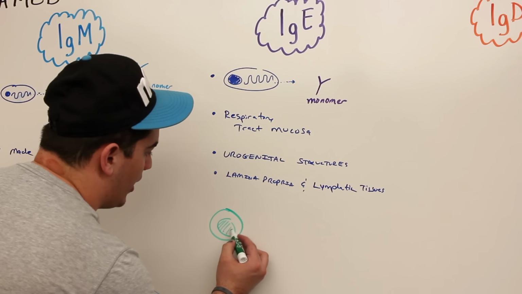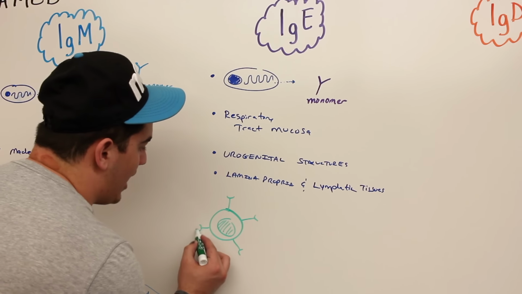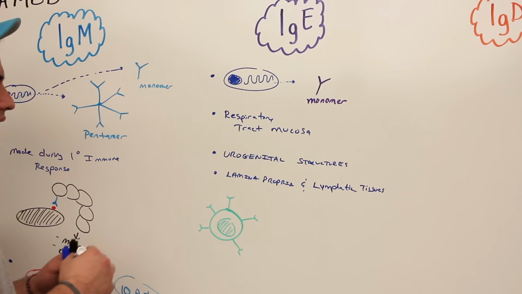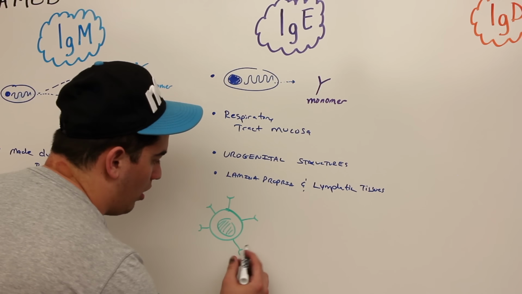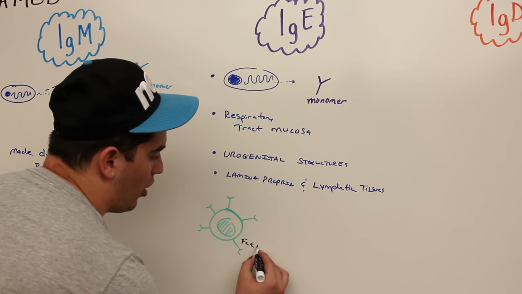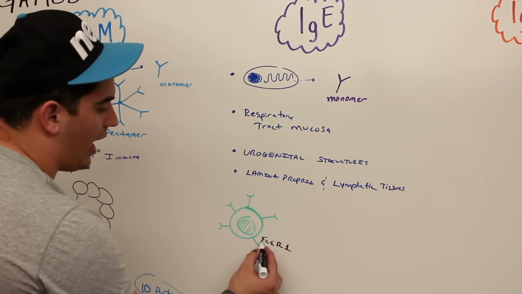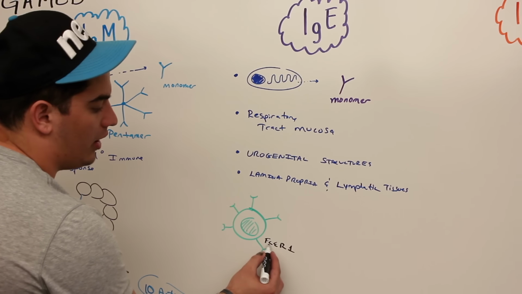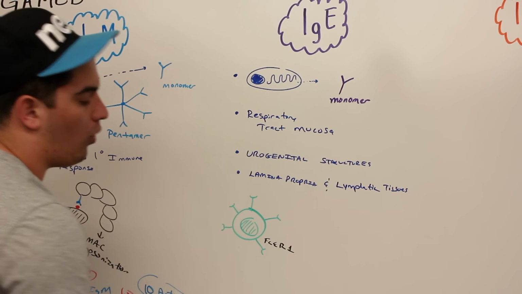So mast cells right here, we talked about this in other videos, but we didn't go into super depth on it. You know how you have these receptors, right? These receptors on the mast cell are called Fc epsilon R1 receptors. So again, what is this called? Fc, which stands for the Fc portion of the antibody, epsilon R1.